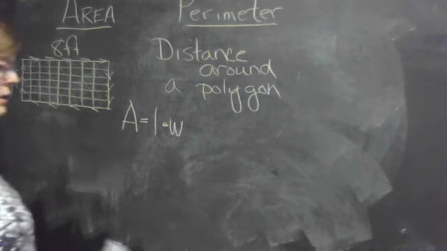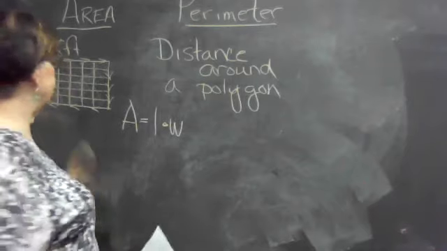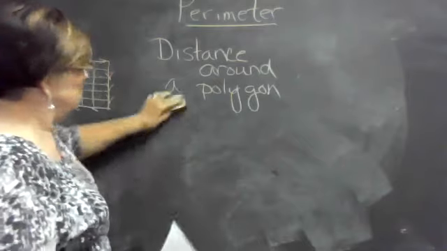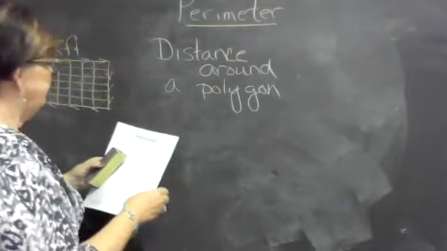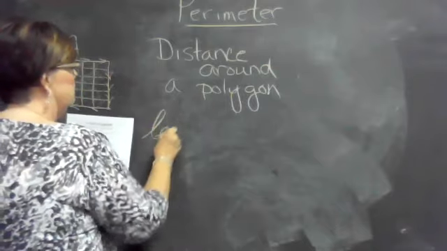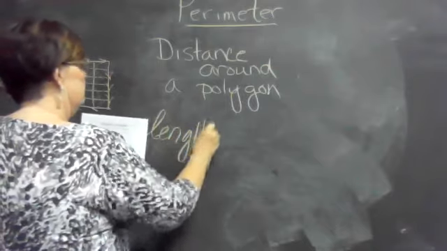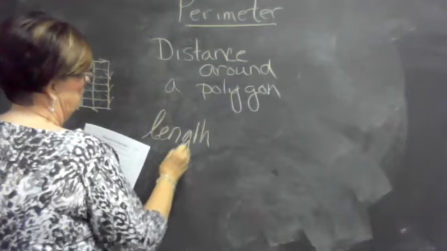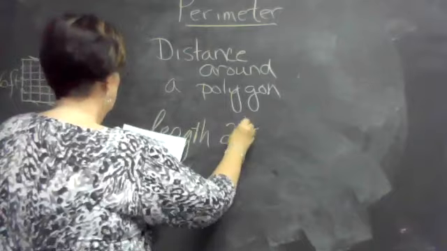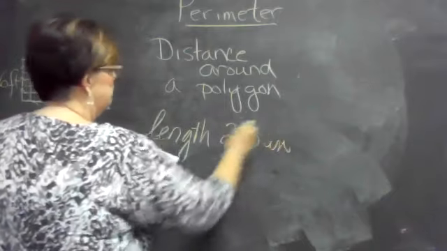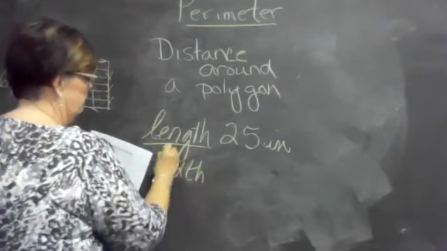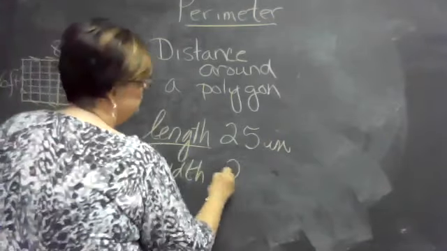And for you that don't have this page in front of you, it says, find the perimeter of this rectangle, and it says the length is 25 inches, and the width is 20 inches.